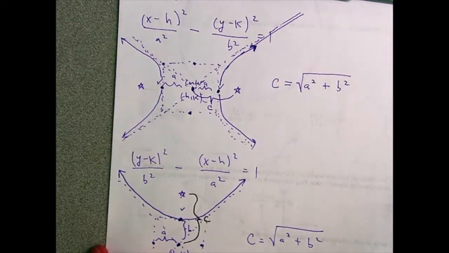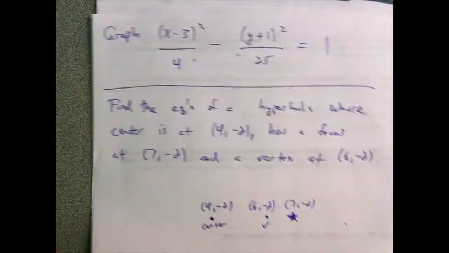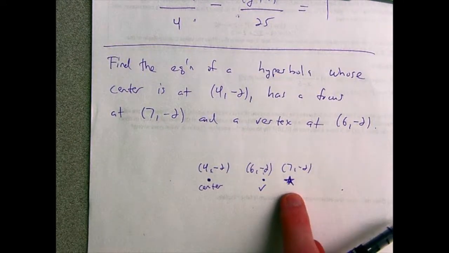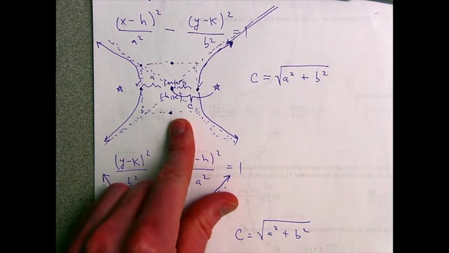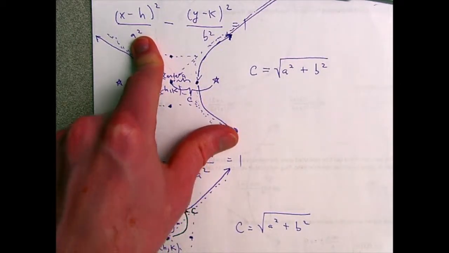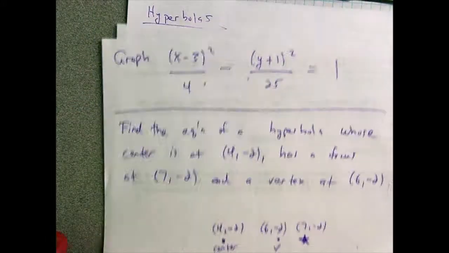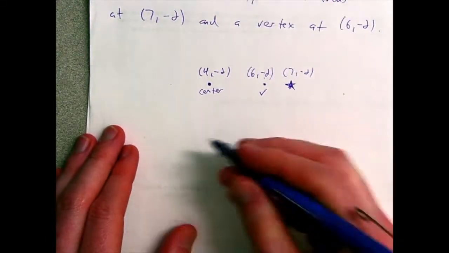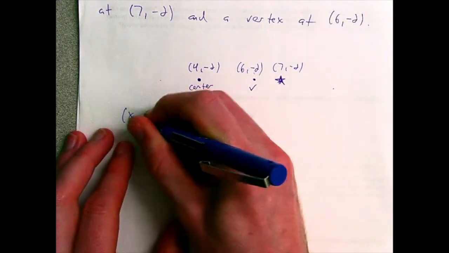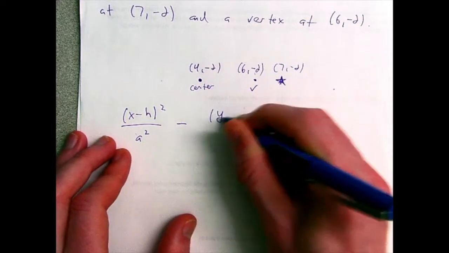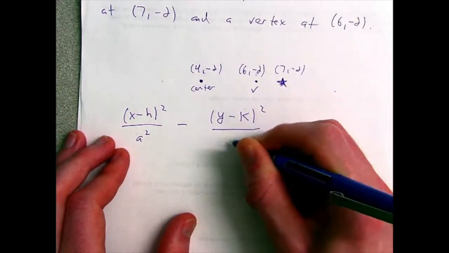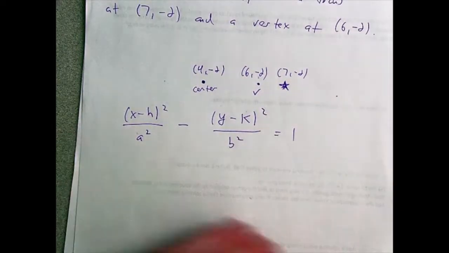Well, because one of the foci is to the right of the center, we know that it looks like this, which means that the equation is of that form. So that's our prototype: x minus h quantity squared over a squared minus y minus k quantity squared over b squared equals 1.